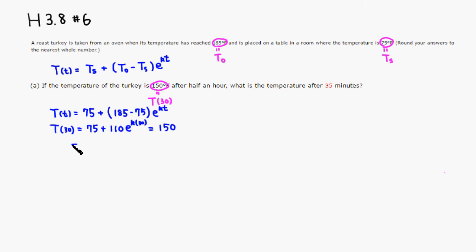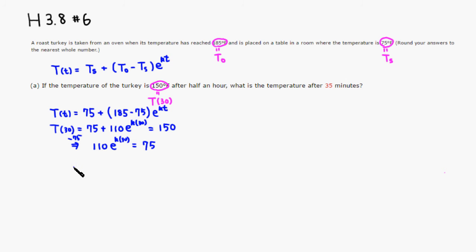First, subtract 75 from both sides. So we get 110 e to the k times 30 is equal to 150 minus 75, which is 75.